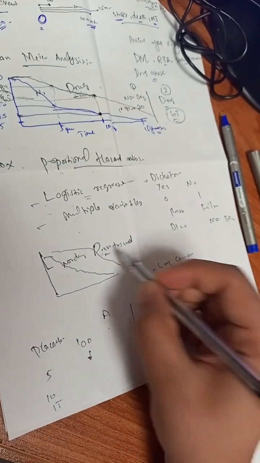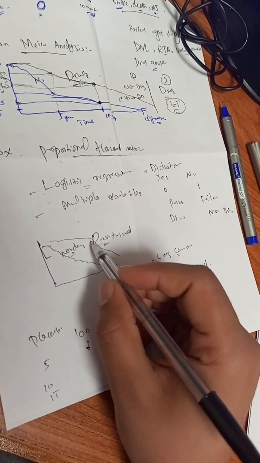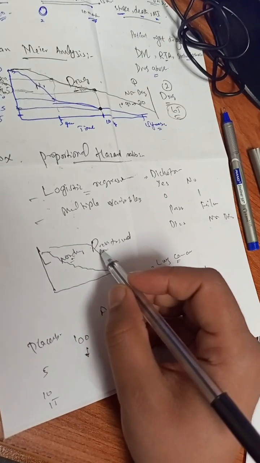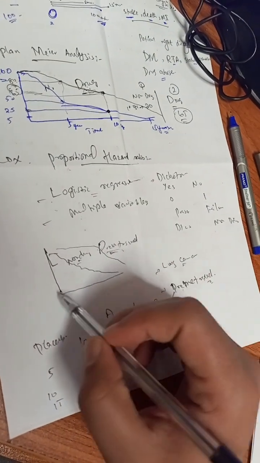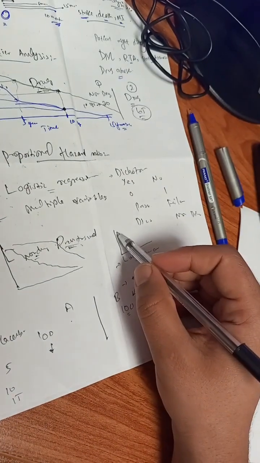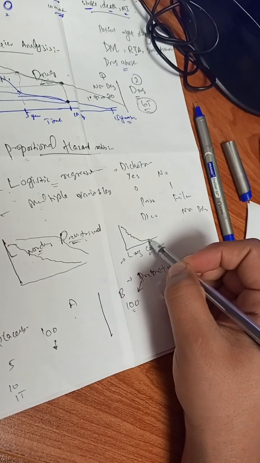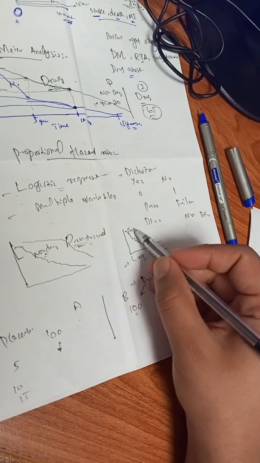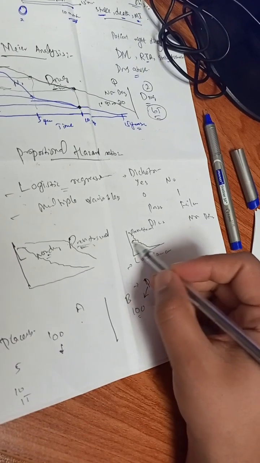But if we compare patients having advanced stage, like stage 4 disease, the graph will also be shifted to the left side, even in patients receiving Pemetrexed.